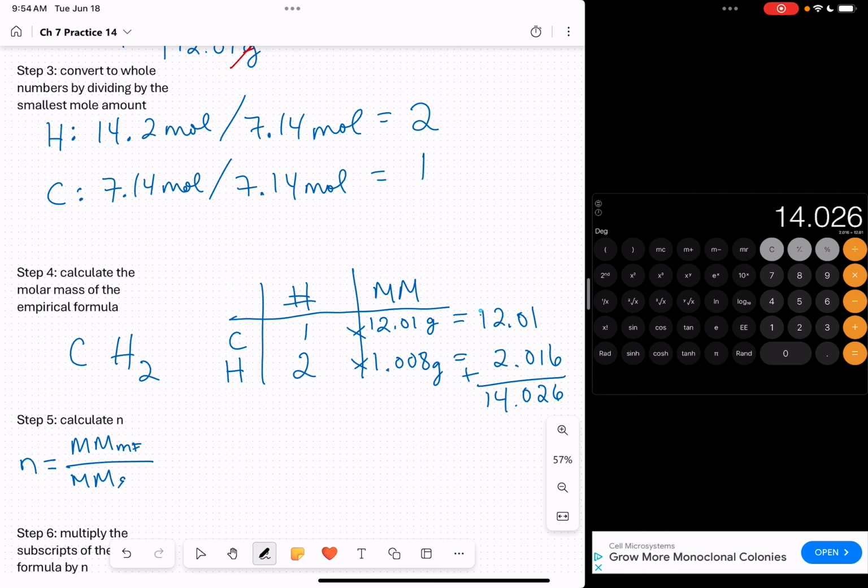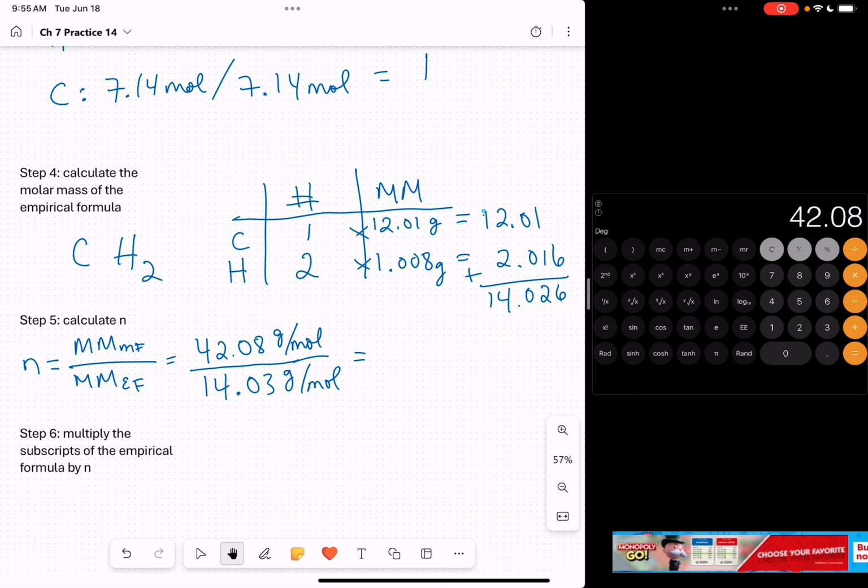Doing the math, 42.08 divided by 14.03, and that is rounded to the nearest whole number, which is 3. So that means that the molecular formula is 3 times the empirical formula.